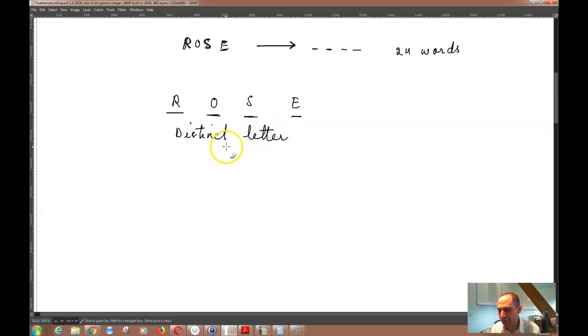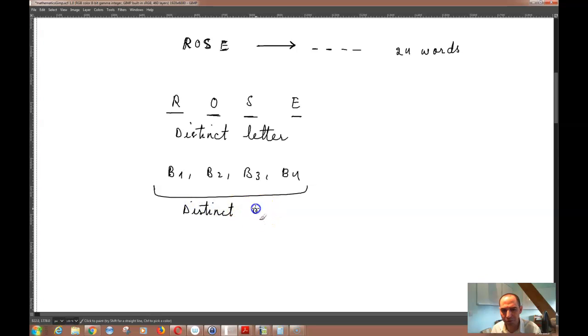Or, for example, if you use 4 different school bags, you would denote them as B1, B2, B3, and B4, and again these would be distinct objects.